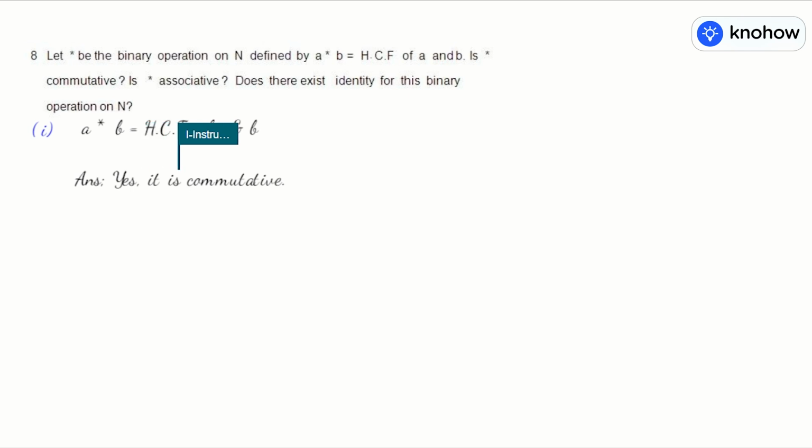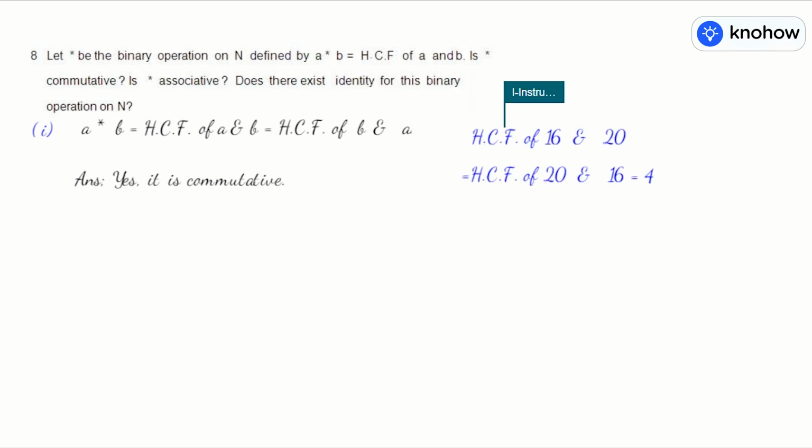How do you justify? HCF of A and B is the same as HCF of B and A. Order does not matter. HCF of say 16 and 20 is 4. So even if I say 20 and 16, it will remain 4. So HCF of A and B is the same as HCF of B and A, or B star A, and hence the given operation is commutative.